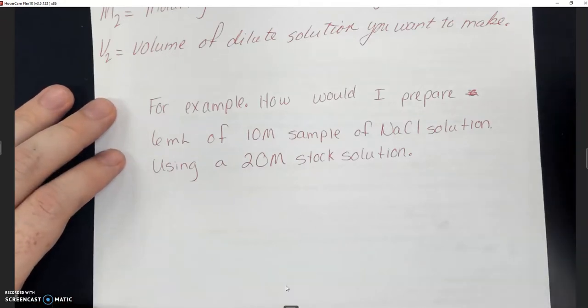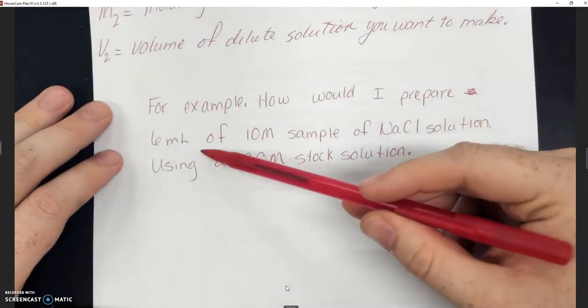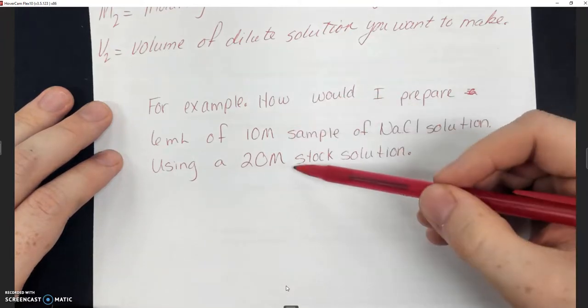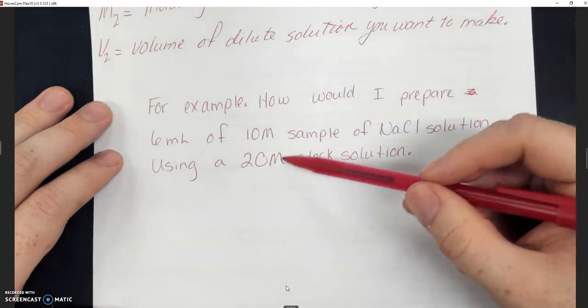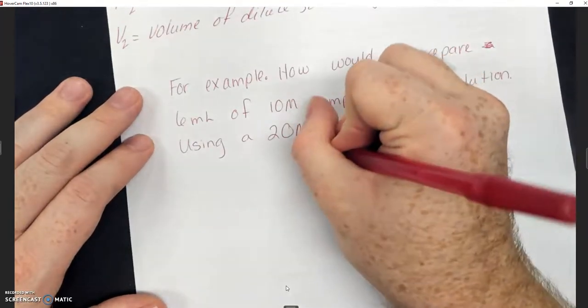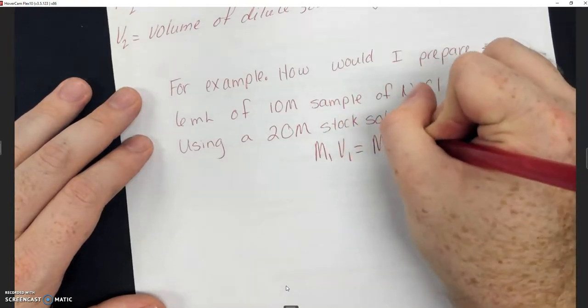So what the question is asking you to do is, how do I prepare 6 milliliters of a 10 molar solution, that's NaCl, if I've got a solution in stock of 20 molar? Well, we know that M1V1 is equal to M2V2.